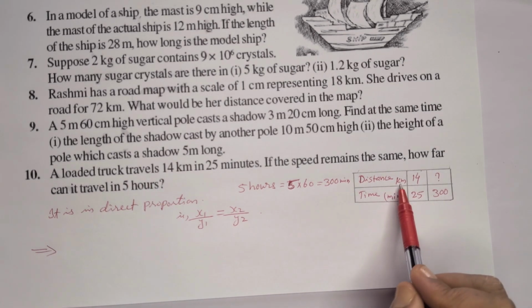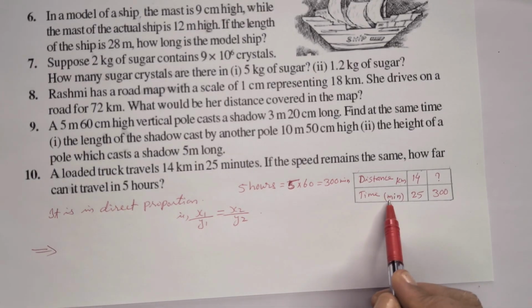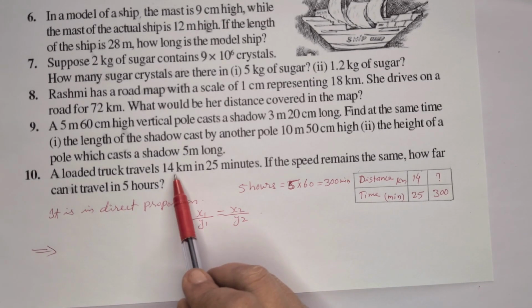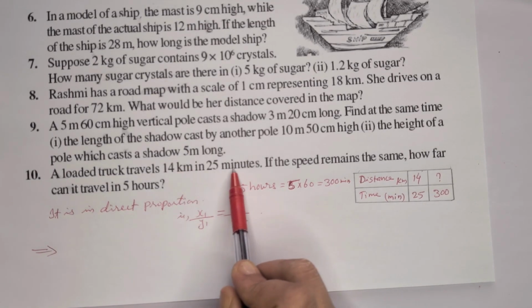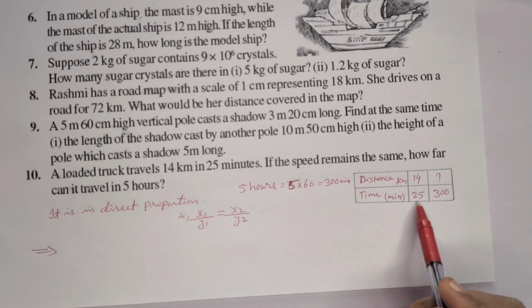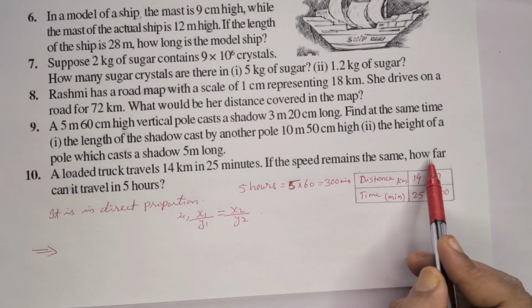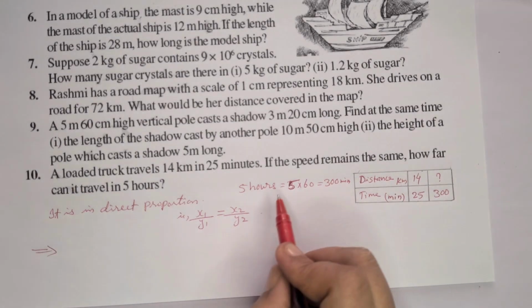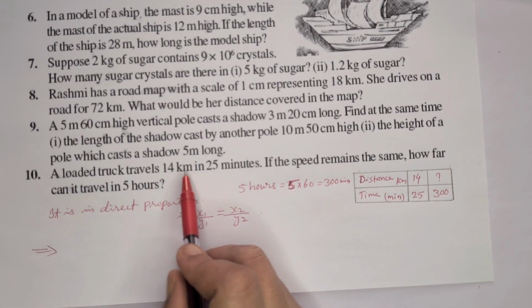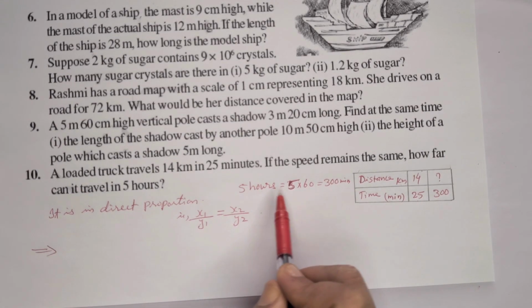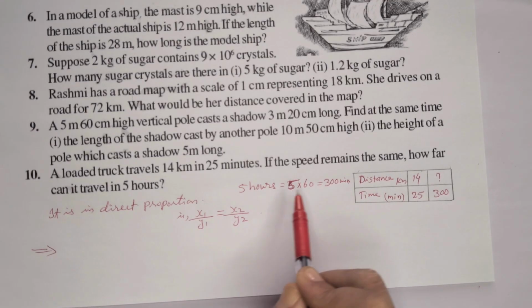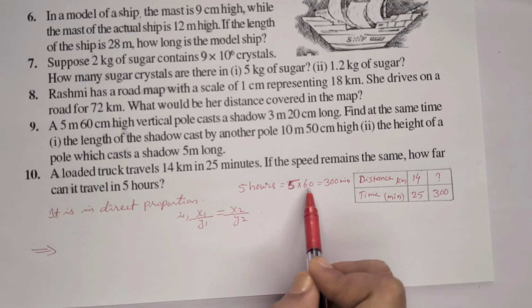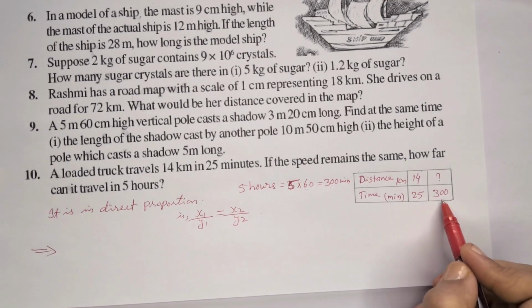So distance in kilometer, time in minutes. First is 14 km in 25 minutes. So 14 and 25. Then how far can it travel in 5 hours? Here we have taken minutes, so convert hours to minutes. 5 into 1 hour is equal to 60 minutes. So 5 into 60, 300 minutes.